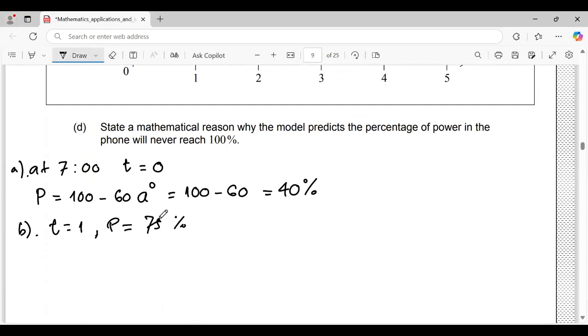Now we are going to calculate A. How much is A? According to the formula, it is 75 equals 100 minus 60 times A to the power minus 1, or 60 A to the power minus 1 equals 100 minus 75.